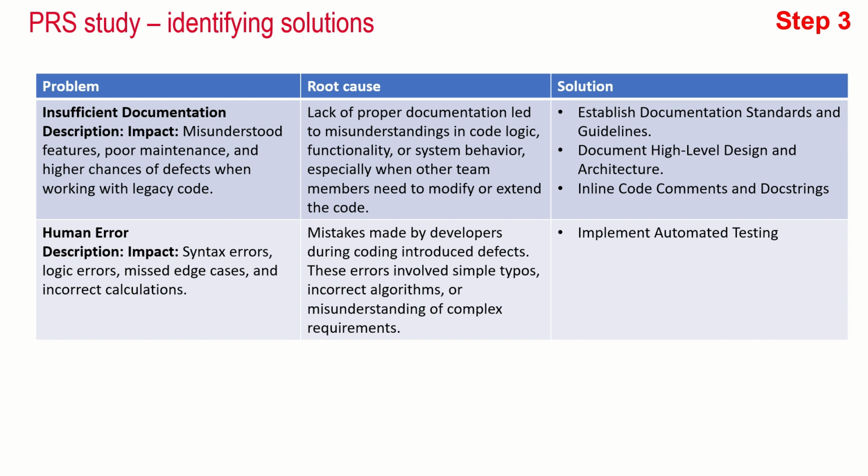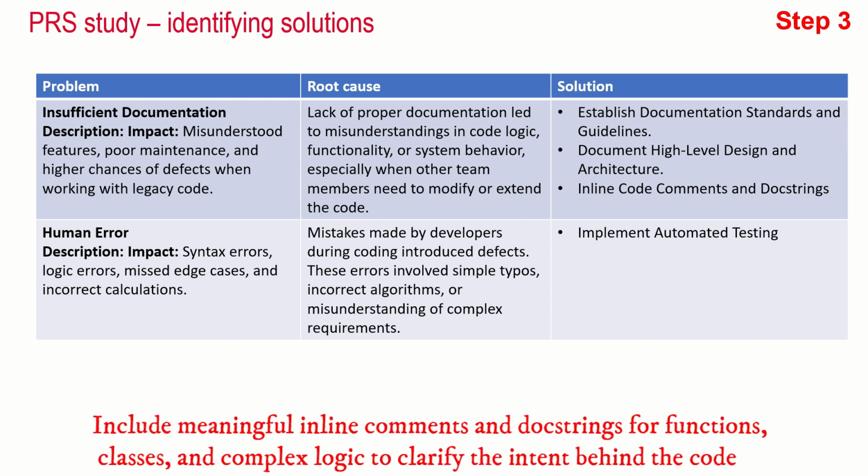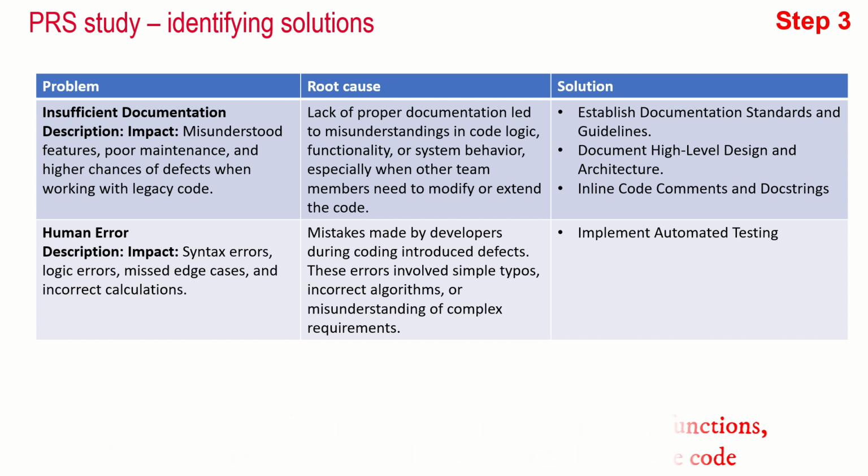Inline code comments or doc strings is one of the solutions. What is inline code comment and doc string? A person should include meaningful inline comments and doc strings for functions, classes, and complex logic to clarify the intent behind the code. That is most important. And how you can do it?